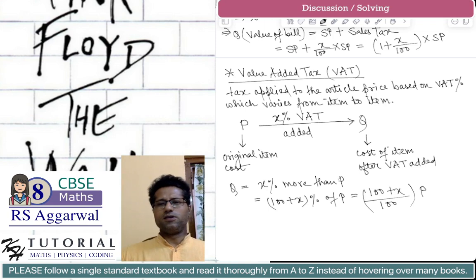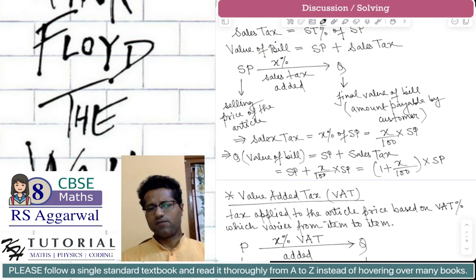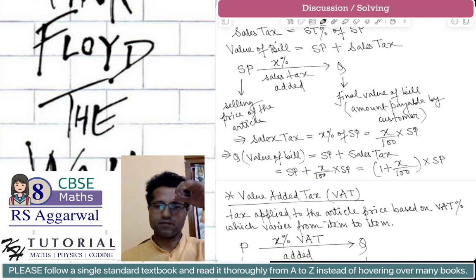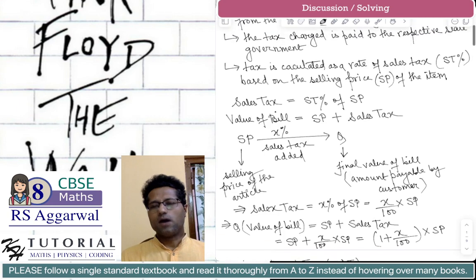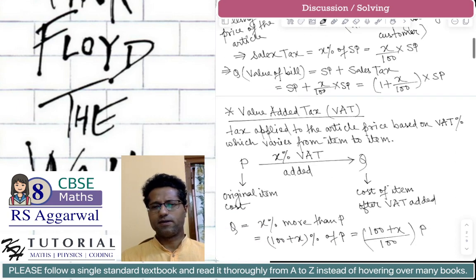So the value added tax or the sales tax will never impact the gain or profit of the shopkeeper. The gain and profit is always based on the selling price and the cost price of an article. Please remember this. I hope I was able to make clear what sales tax and value added tax are.